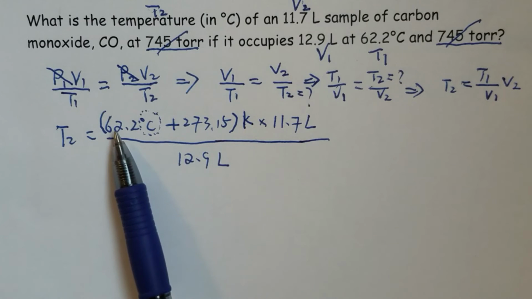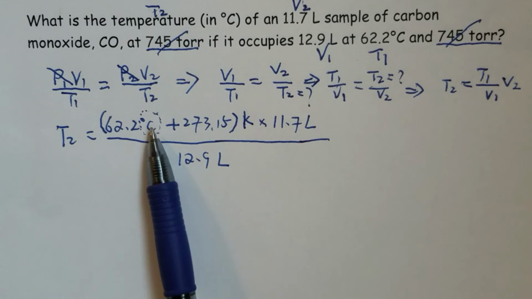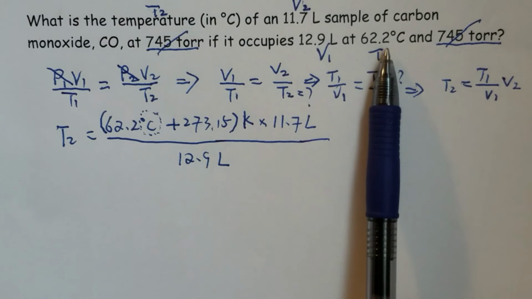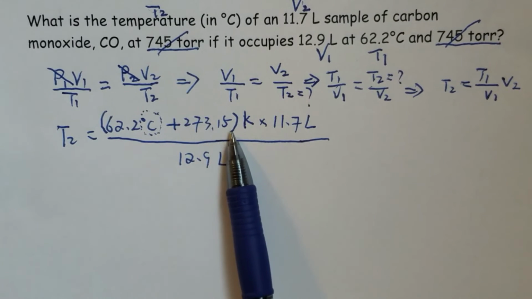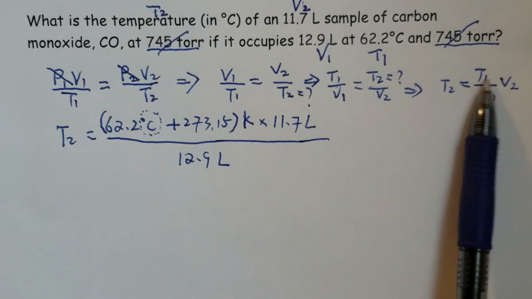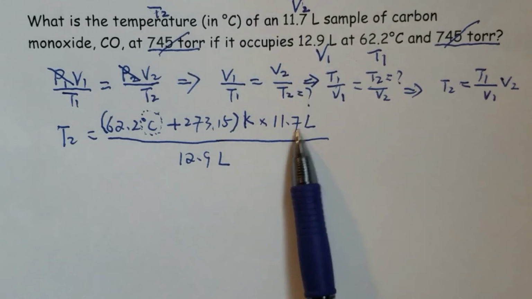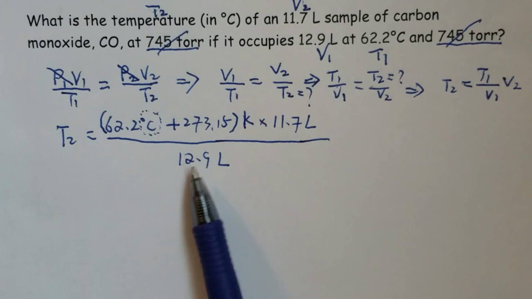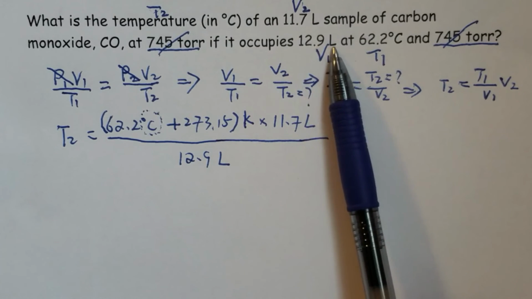So we have to convert the temperature from degrees Celsius to Kelvin. In this question, 62.2 plus 273.15, so that's T1. Then T1 times V2, where V2 is 11.7 liters, and then divided by V1, which is 12.9 liters.